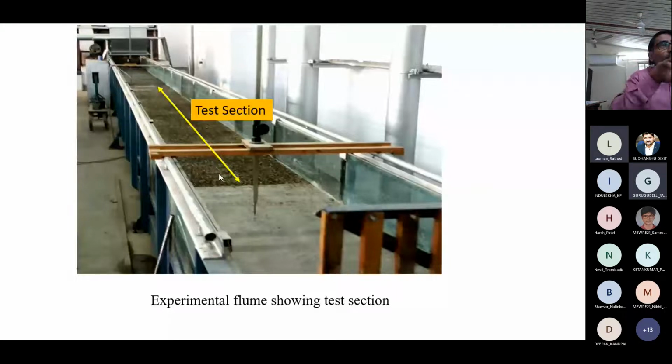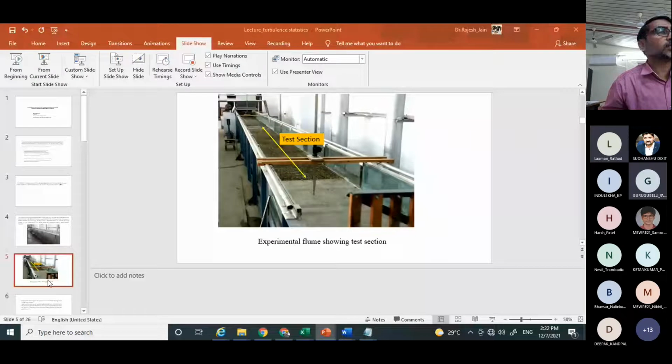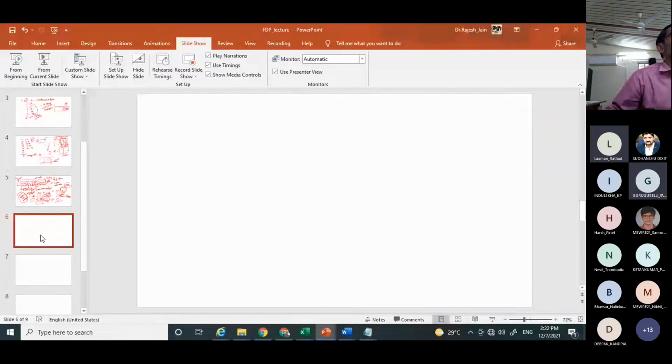Right? If an imbalance takes place, suppose, let me go back to this one. Suppose at a particular section in a channel, you have a channel here, this is a river, and you consider a particular section here, one control section.